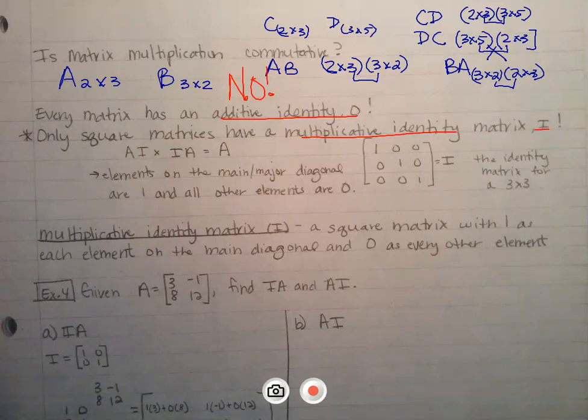We're just going to practice multiplying by an identity matrix first. The elements on the main, or major, diagonal are 1. All the other elements are 0 in an identity matrix.